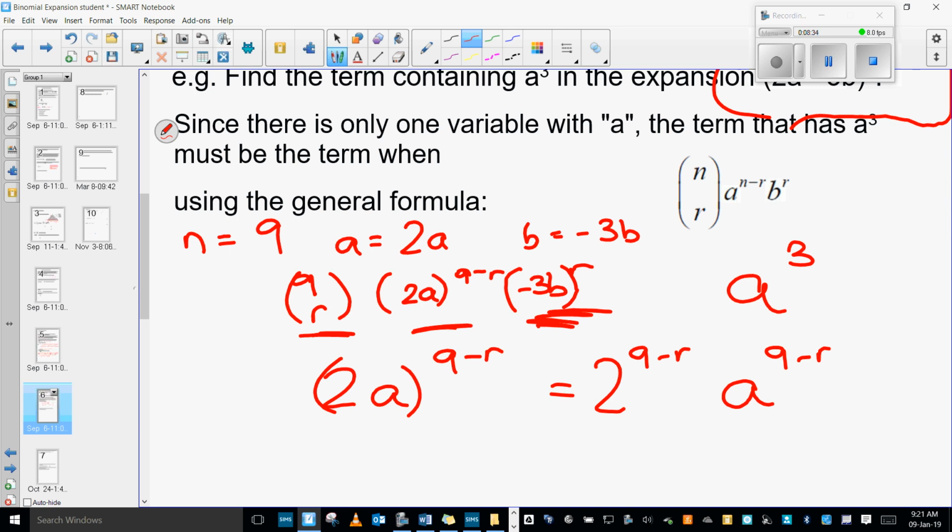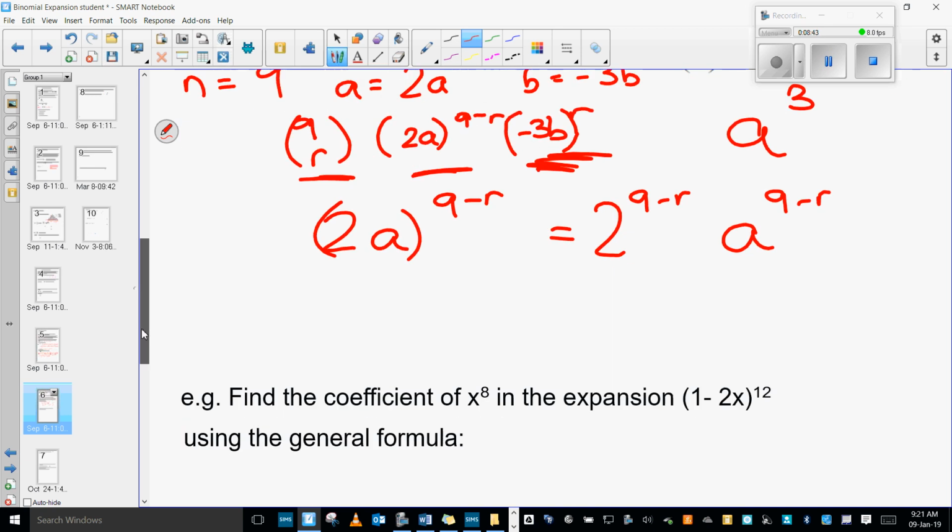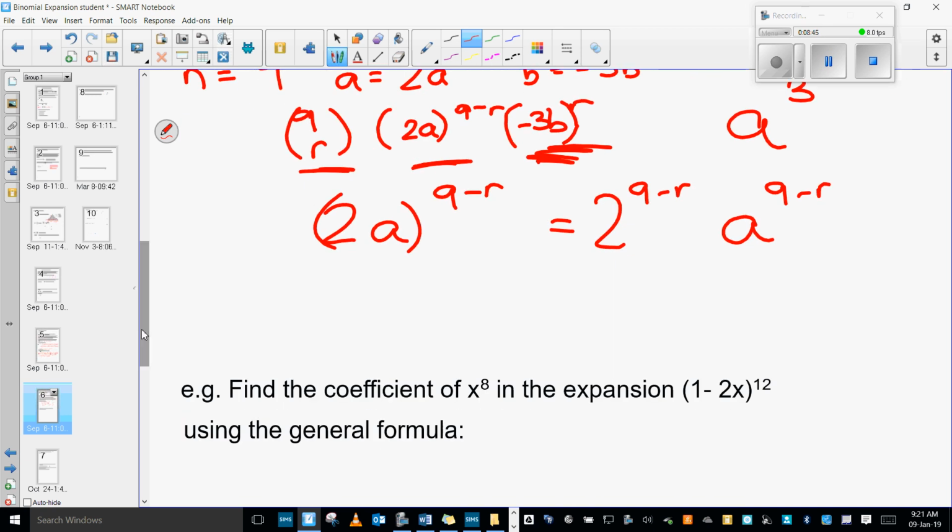This question is a nice one, because it's more straightforward, because all we need to do is say, look, this bit here has to equal 3, yes? So if 9 minus r has to equal 3, then r has to be 6. Awesome. So then we can go back to our thing up here and fill that in.